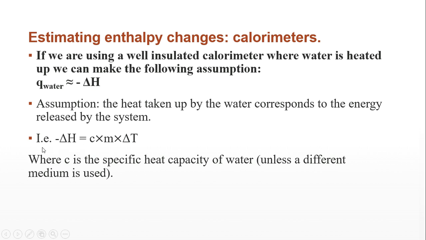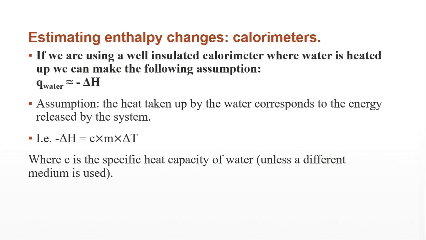Of course, this is an assumption that no heat is lost between the reaction and the water being heated up. But of course, there's no such thing as a perfectly insulated container, nor is there such a thing as a container with perfect conductivity. So some energy will be lost, but we can make rather good assumptions using this method and calorimeters.